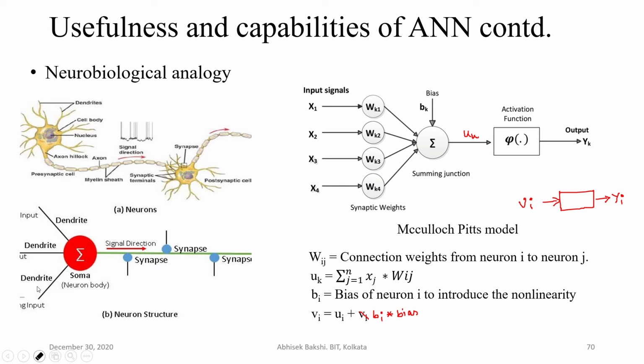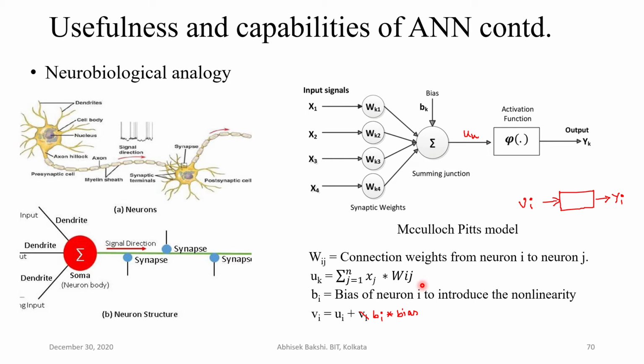Maybe you can see it is given as xj into wij, but I am not going to go into exact details. You can assume that the synaptic weight associated with x1 is w1, with x2 is w2, and with x3 is w3, and accordingly it will be wixi.